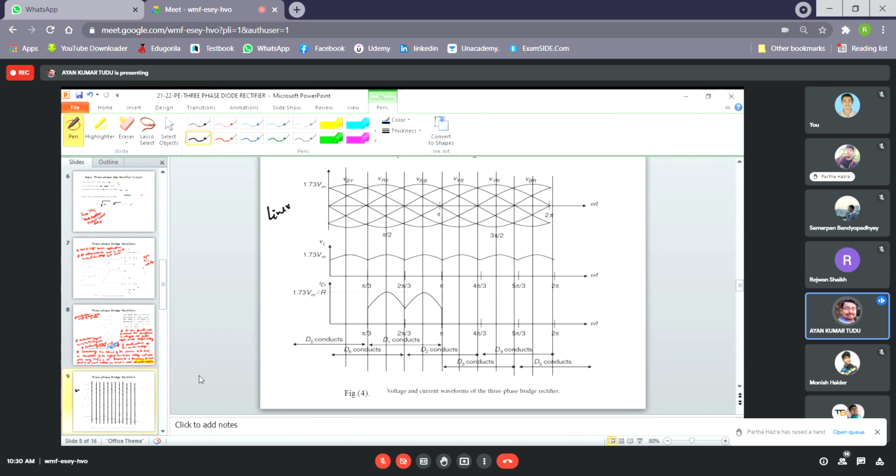The line voltage is shown here also. It is equal to 1.73 times the phase voltage of a three-phase star connected source.